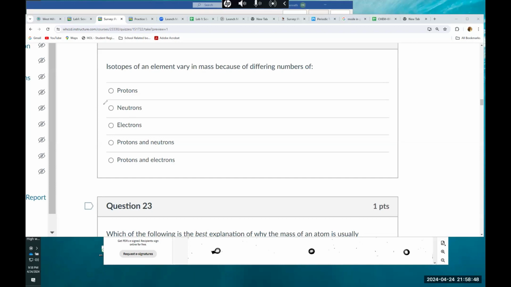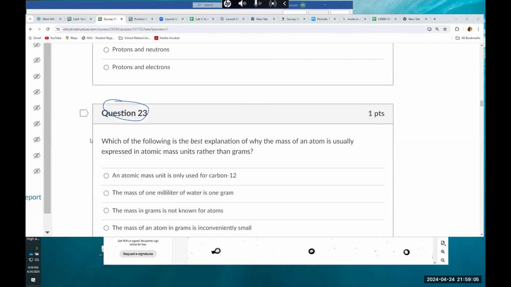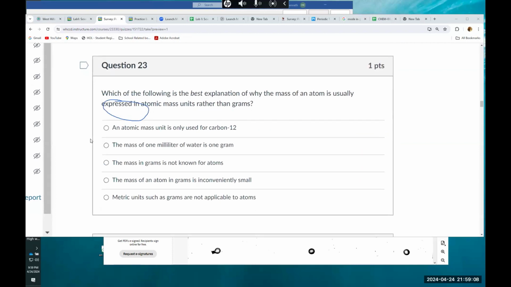Neutrons, because electrons don't have mass. That's right. Electrons are almost massless relative to the other ones. Okay, so we know it's just neutrons. Although if they asked you what the atomic mass is made up of, it's protons and neutrons. Yeah, that's right.